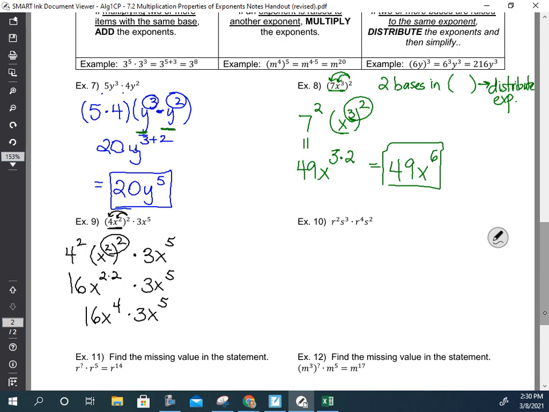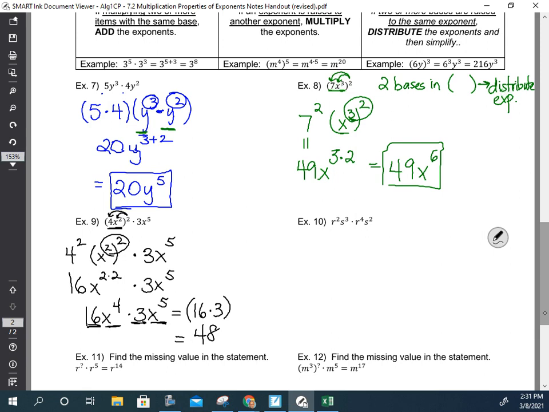So this problem looks like number 8. Now this problem looks like number 7. Take the two numbers, multiply them together. What's 16 times 3? 48. x to the 4th times x to the 5th.